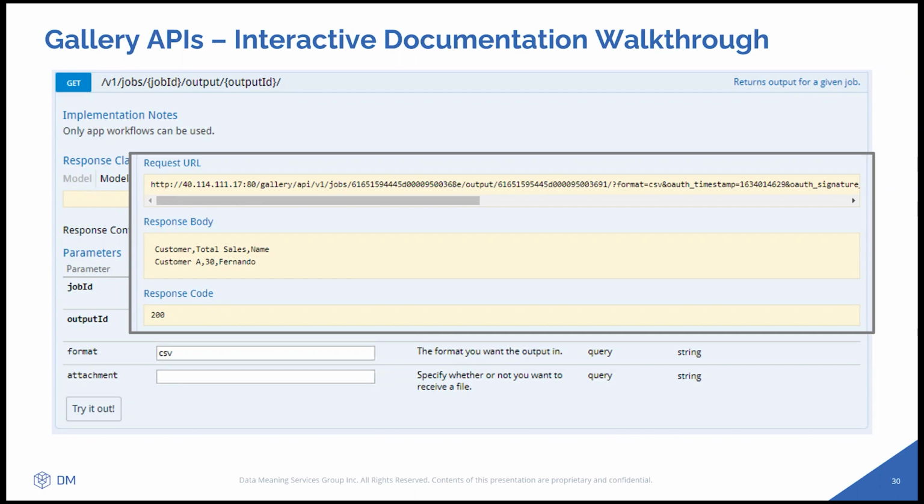Then we retrieved the state of a particular job that we created, that we queued, and we were able to see that the job has been finished, right? And the job has generated a file, and then we ran another API call to download the output file of that particular workflow. So all the way, right?